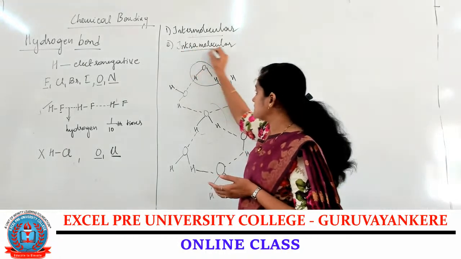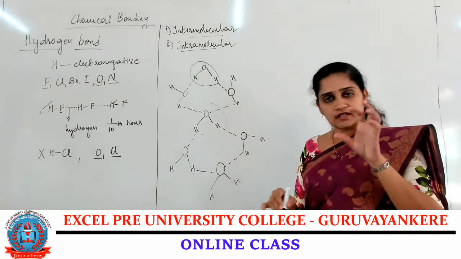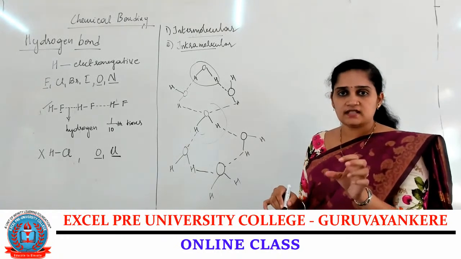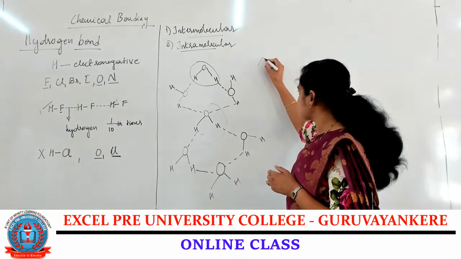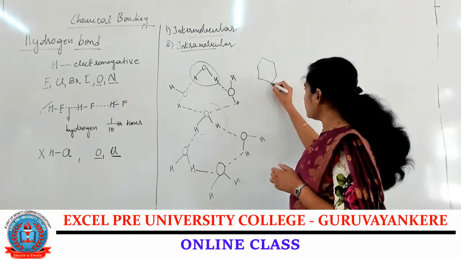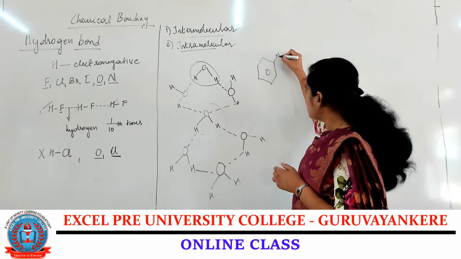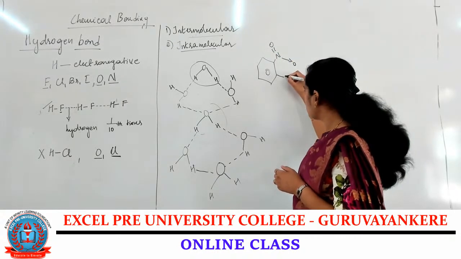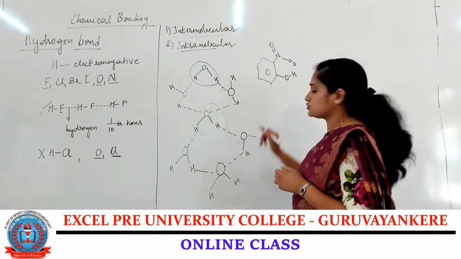The second one is the intramolecular hydrogen bond. Within the molecule itself, between oxygen or another most electronegative element and the hydrogen. The best example is orthonitrophenol, N double bond O, single bond OH.